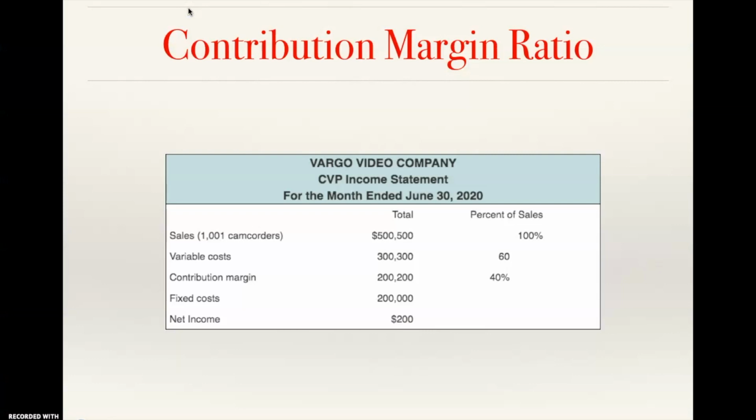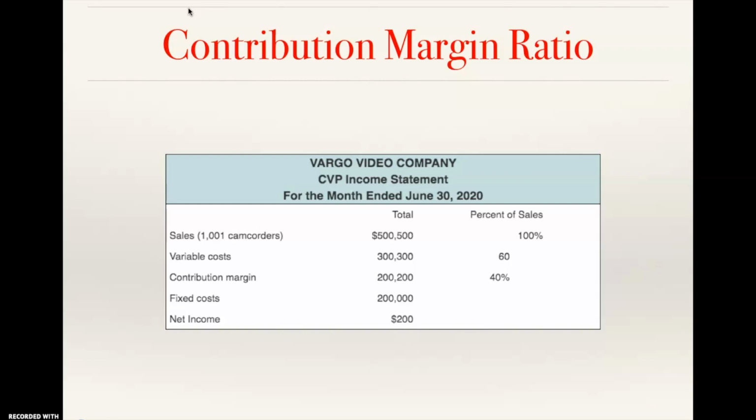Some managers prefer to use the contribution margin ratio in CVP analysis. The contribution margin ratio is the contribution margin expressed as a percentage of sales. To get the percentages, you do contribution margin, which is 200,200, and you divide that by sales of 500,500, and you get 0.4, which becomes 40%.